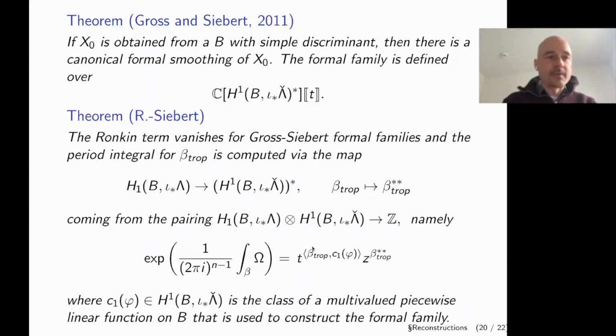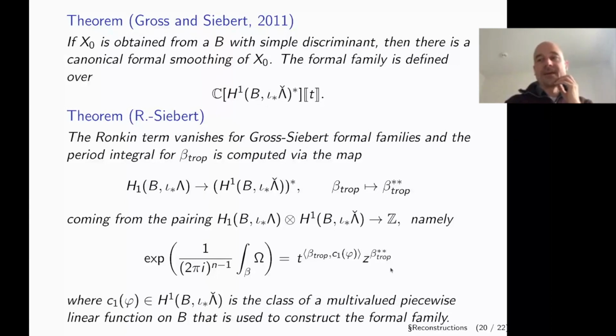It's given by a pairing of the tropical cycle, which is the exponent of the t here. And this number of crossings is a pairing of the cycle with c1 of phi. I haven't explained to you what c1 of phi is, but it's basically the codimension 1 stuff. So it's a class in this group, which is used to construct the smoothing. It's an input datum. So this is just the exponent kappa as you see here.